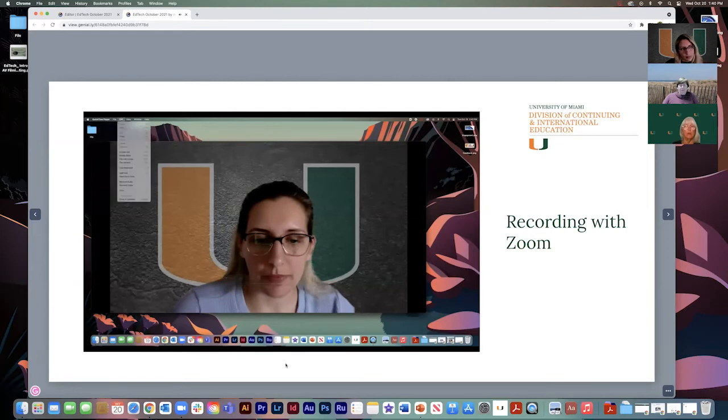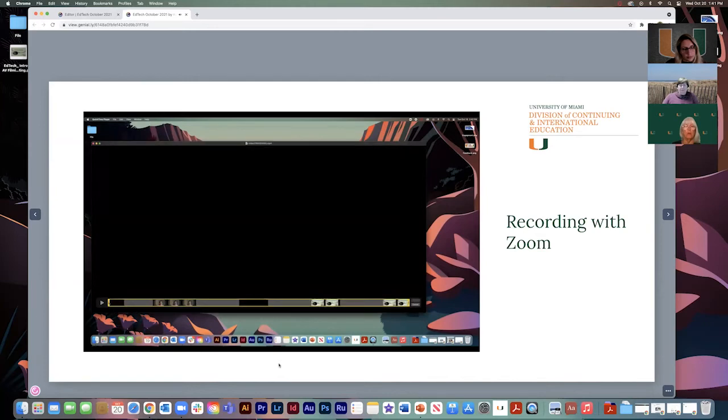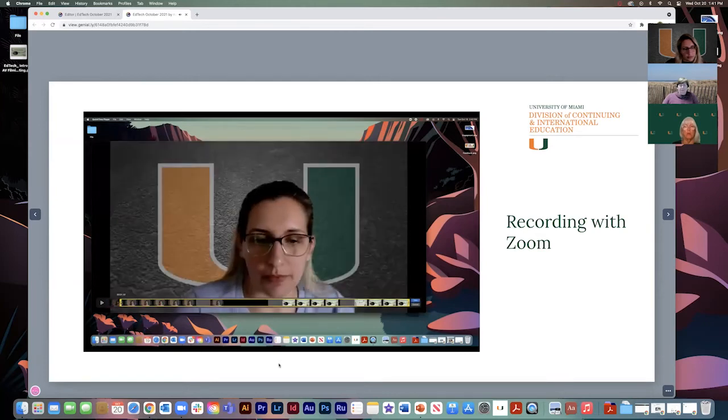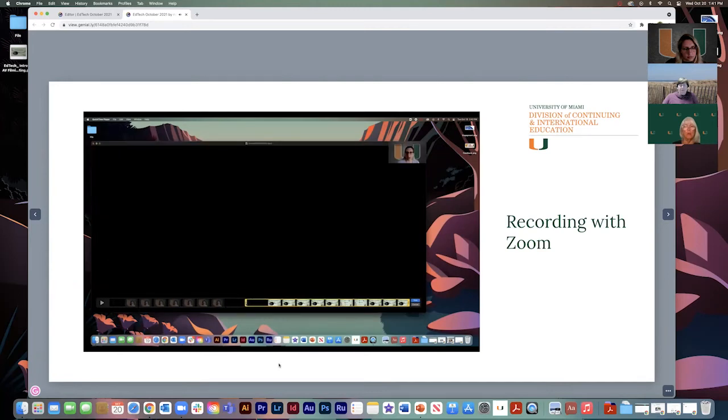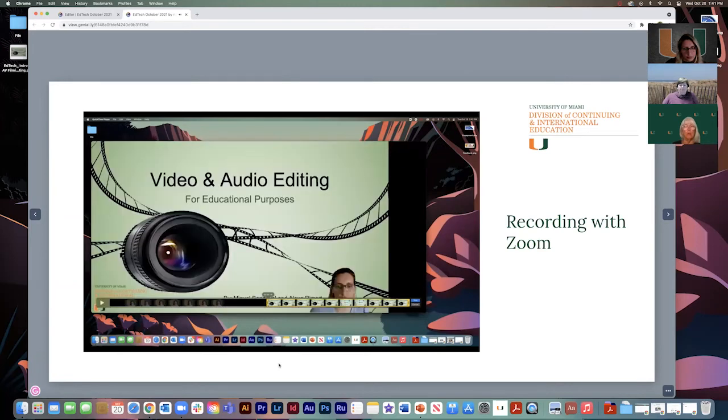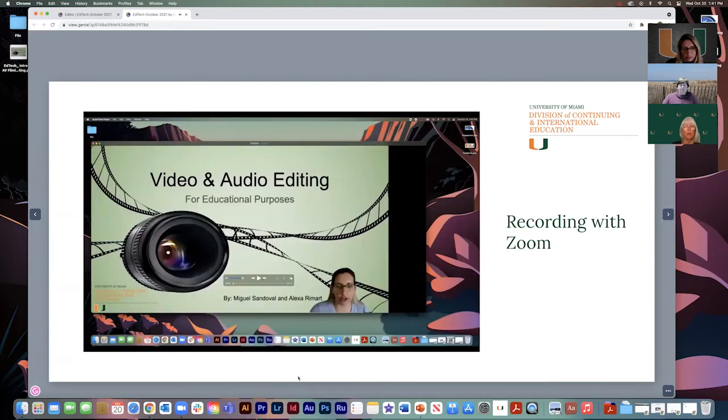Go over to edit, select trim, and then slide this yellow portion to where you want your video to start. Select trim, and then press play and rewatch your work.